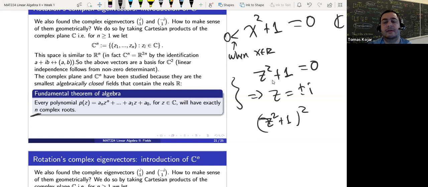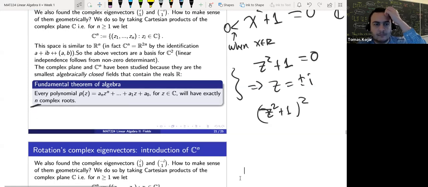Put another square there. So this has repeated roots. But they will always be exactly n. And that's another big motivation for complex numbers. It will be the smallest such extension of the reals.